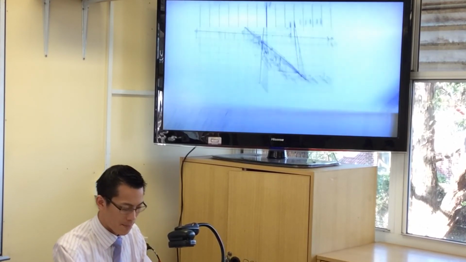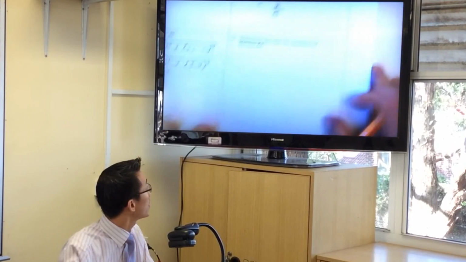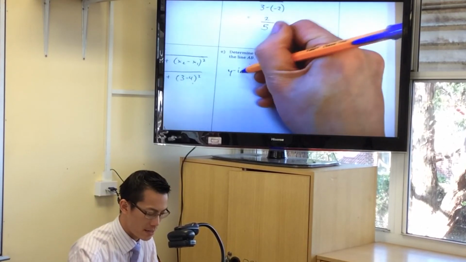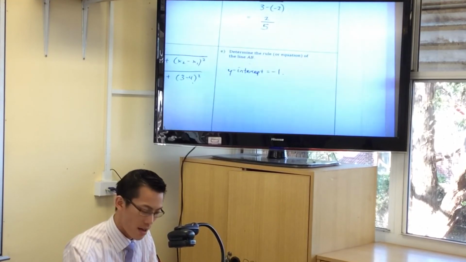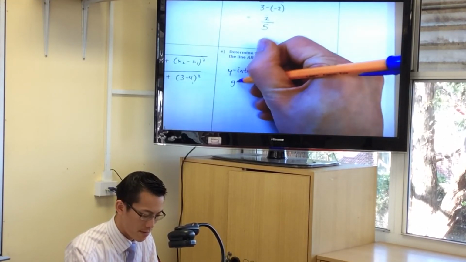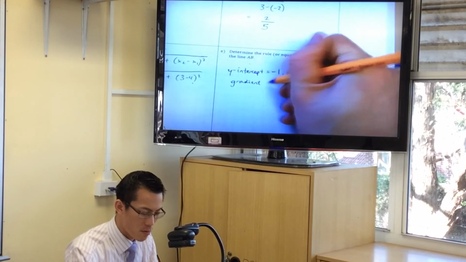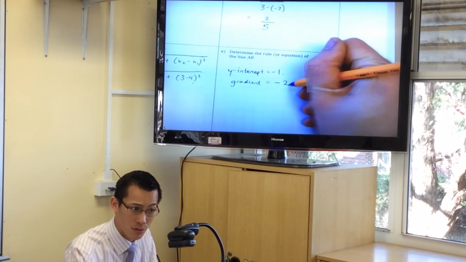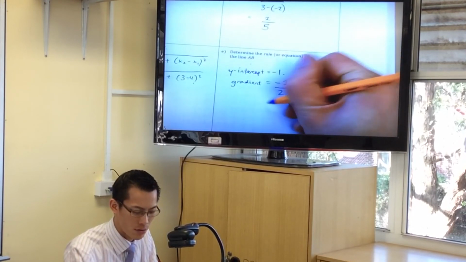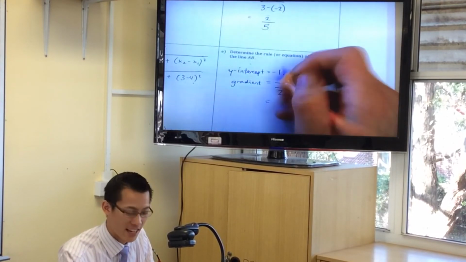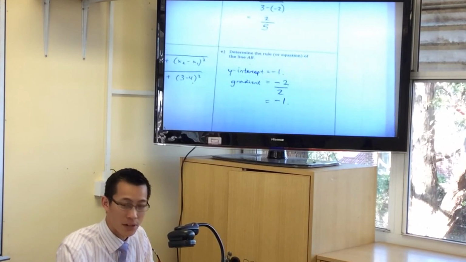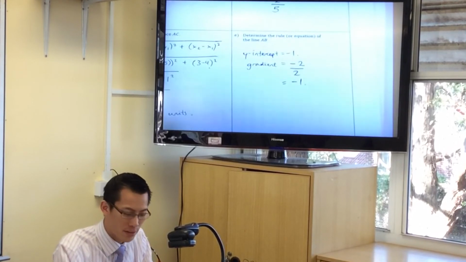So therefore, let me come back to here. You already told me that the y-intercept is equal to negative 1. And the gradient is rise over run, which you told me was negative 2 over 2. What's that simplify to? That's negative 1, right? Okay, so I need to put these two together.